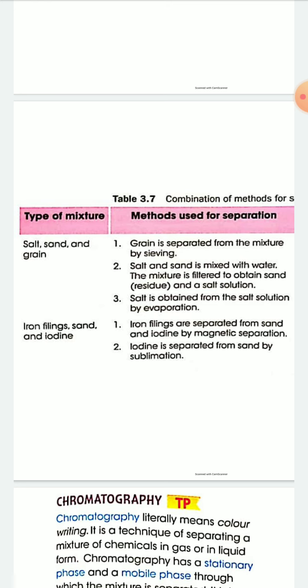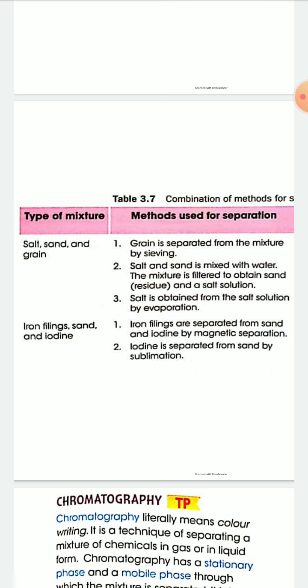You know that salt is soluble in water, but sand is not soluble in water. So if you filter the mixture, you will get sand as residue and salt in the solution. After evaporation of the salt solution, you will finally get salt.